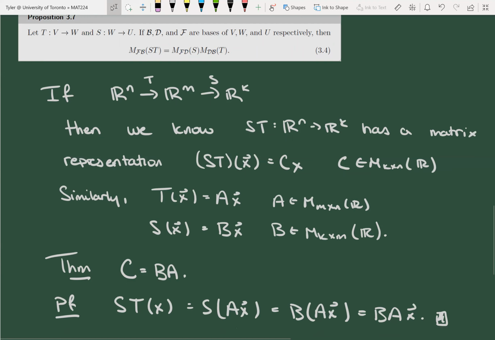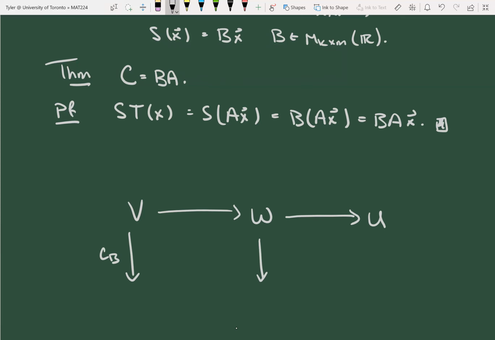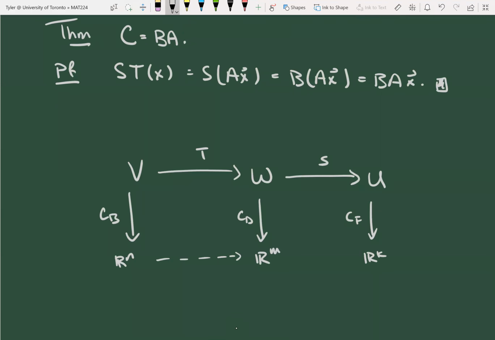But have you guys seen this big diagram here? It's a beautiful little diagram. And it really shows you, I think, the power of drawing these diagrams. CB, what was this, CD? TF, RN, RN, RK, this is T, this is S. All right, we'll call this T hat, we'll call this S hat.